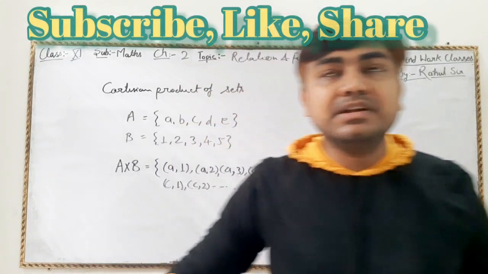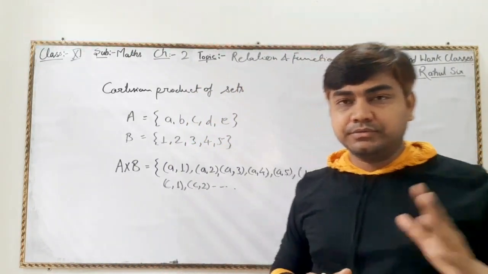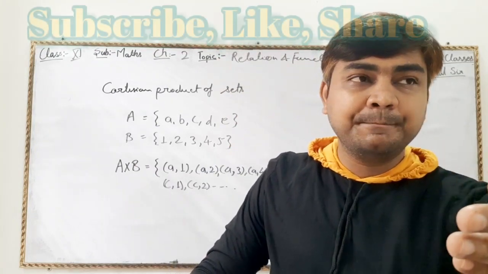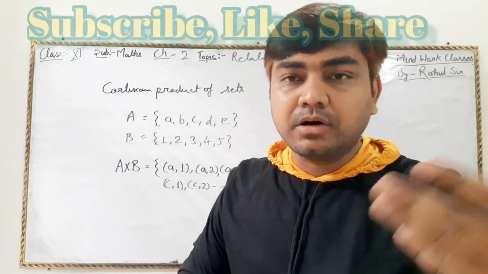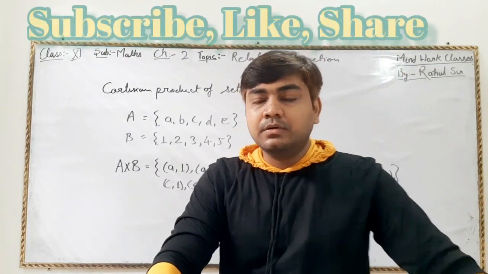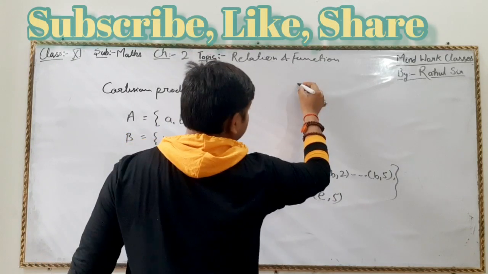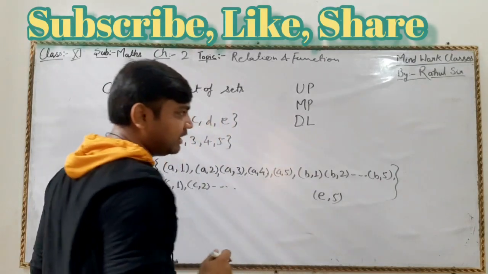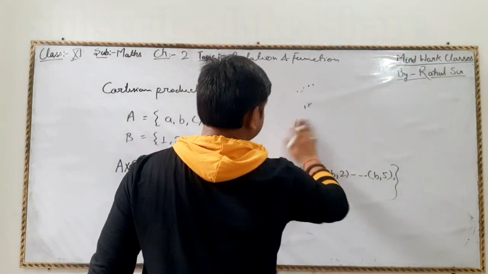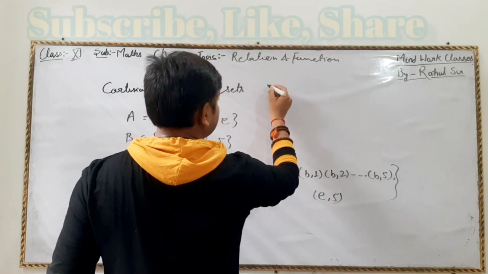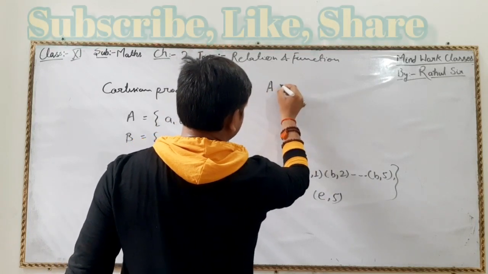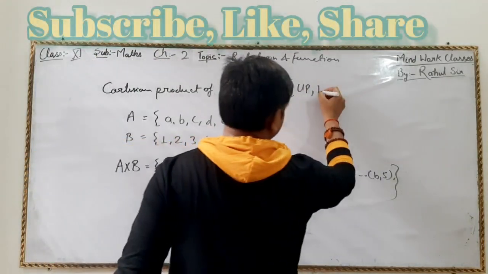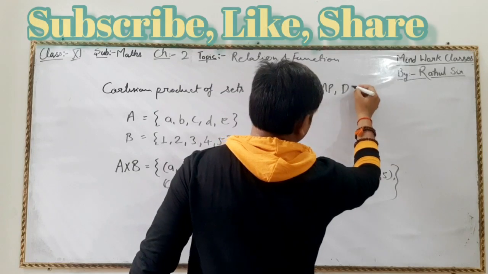In general life, take an example like the number plate of any bike or car. For Uttar Pradesh it is UP, for Madhya Pradesh MP, and DL for Delhi. Let set A be the set of state names: UP, MP, DL.